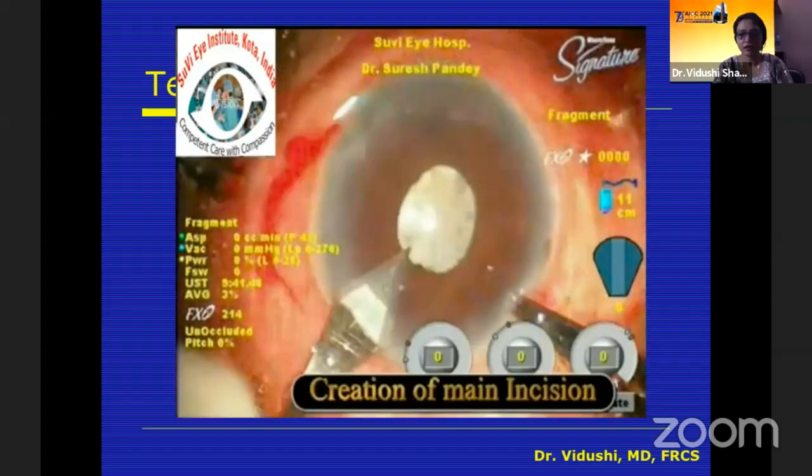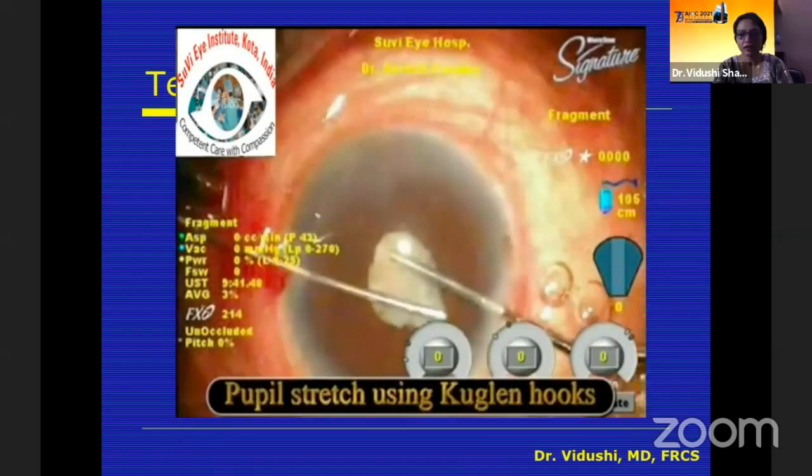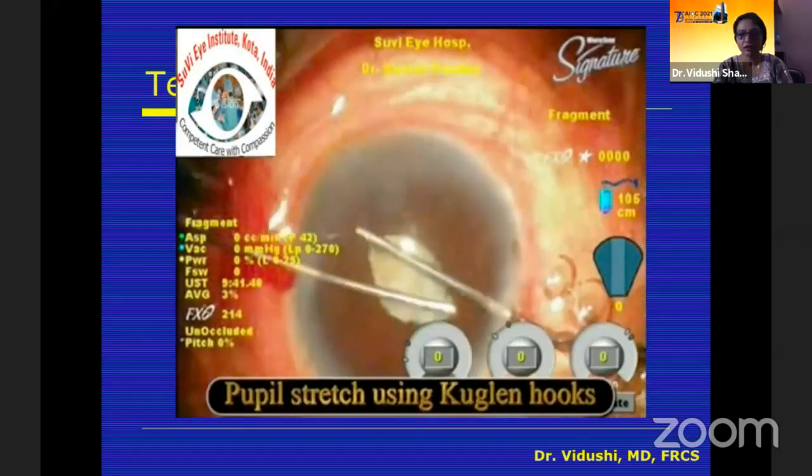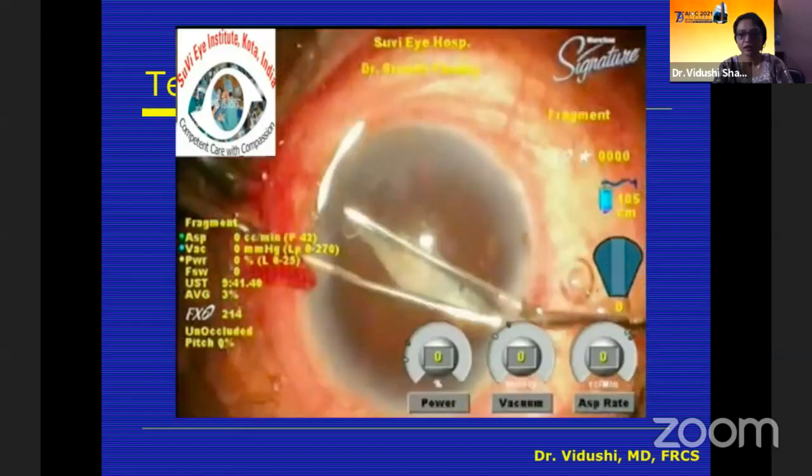Now, the pupillary stretch technique is more or less obsolete, but for rigid small pupils, there is now a distinction being made between rigid and elastic small pupils. In rigid small pupils like post-uveitic fibrotic iris, there is a role for the pupillary stretch technique, because in these rigid irises, if you use an expansion device and it stretches, there may be a tear. So it's a good idea to make it a little lax with the use of the pupillary stretch technique.